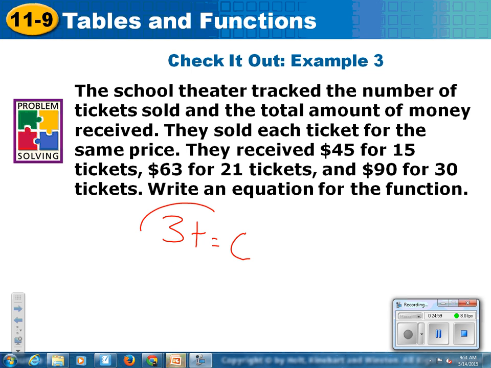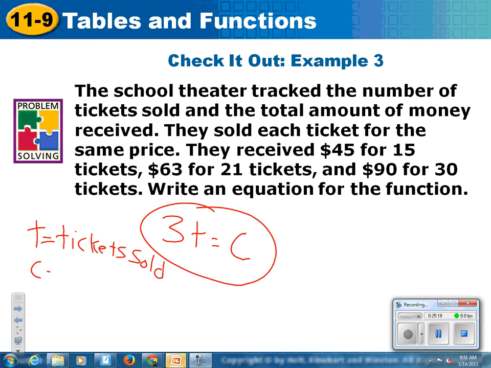There's your equation: 3t equals c, or whatever variables you chose. But you have to tell me what T equals: T equals tickets sold, and C equals cash made. Okay?